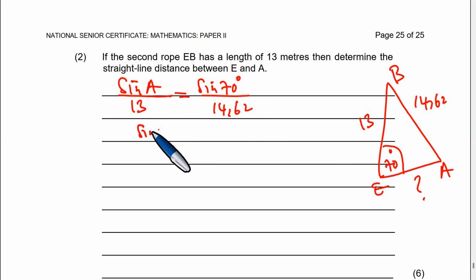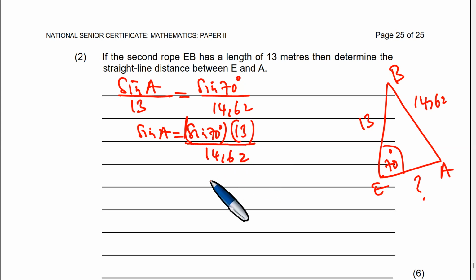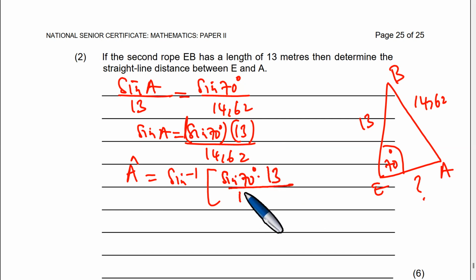which means the sine of A is 13 sine 70 divided by 14.62. So A is the inverse sine of 13 sine 70 divided by 14.62, which is this.